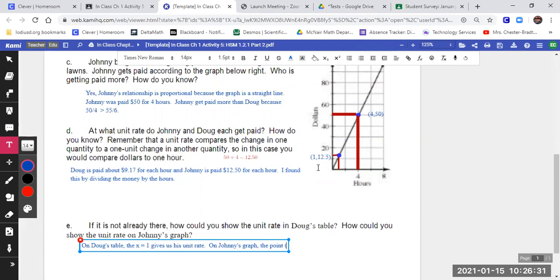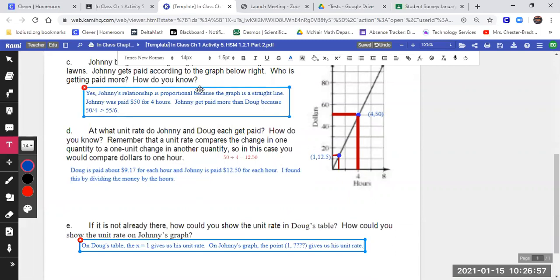Yep. 1 comma, and we're going to go like this. So anytime you're on a table, you're looking for when the X is 1. Anytime we're on a graph, we're looking for the coordinate 1 comma something. Okay, so the table, X equals 1, look at that row.